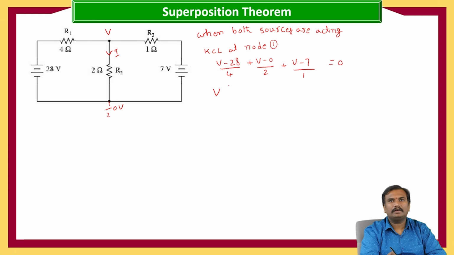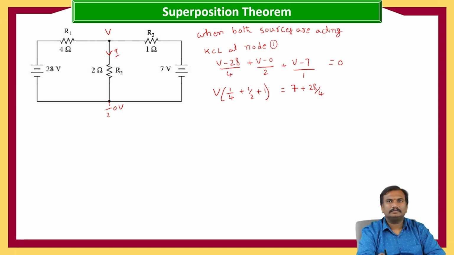That is, if we take V common, 1 by 4 plus 1 by 2 plus 1 is equal to 7 plus 28 by 4, which is equal to 7 plus 7, which we got as 14.